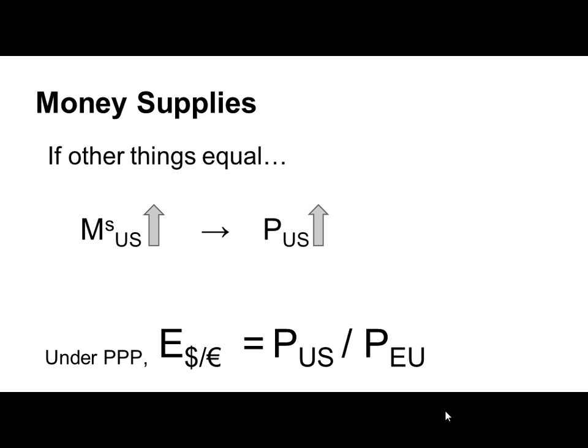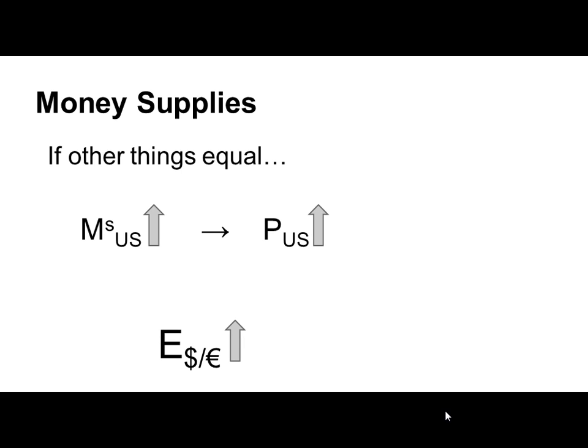First one, money supply. Other things equal, if the money supply in the United States goes up, because of the equation we already saw, the price level in the United States goes up. Then under PPP, the price level goes up, so the dollar-euro exchange rate also increases.